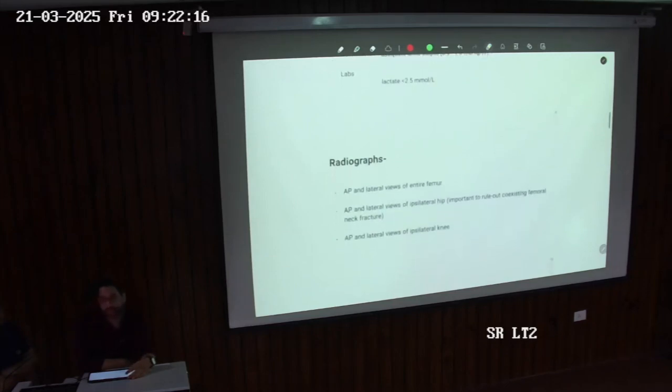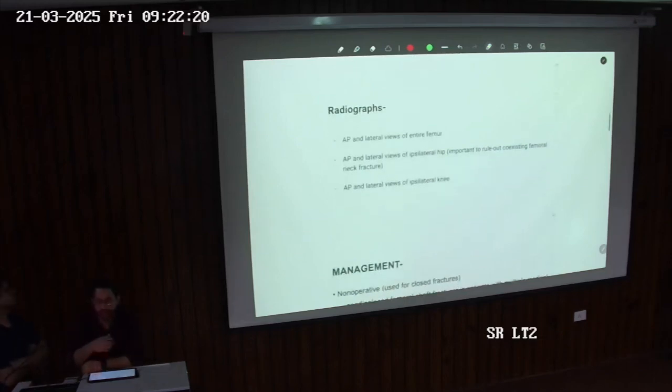This is followed by X-rays in these patients. What are the X-rays that can be done in a shaft of femur fracture? What are the main X-rays that are done? In which view? AP and lateral view.